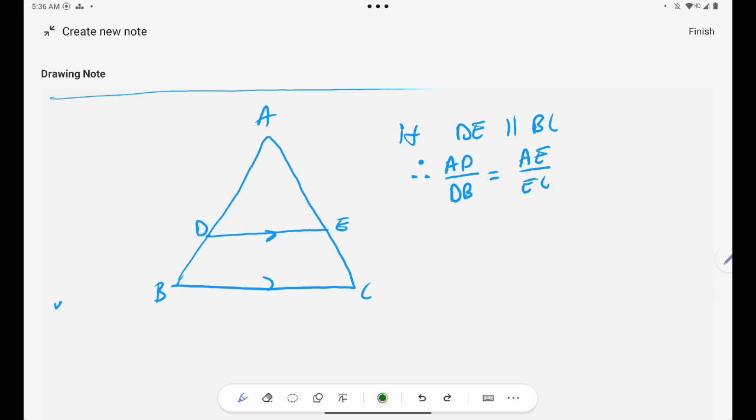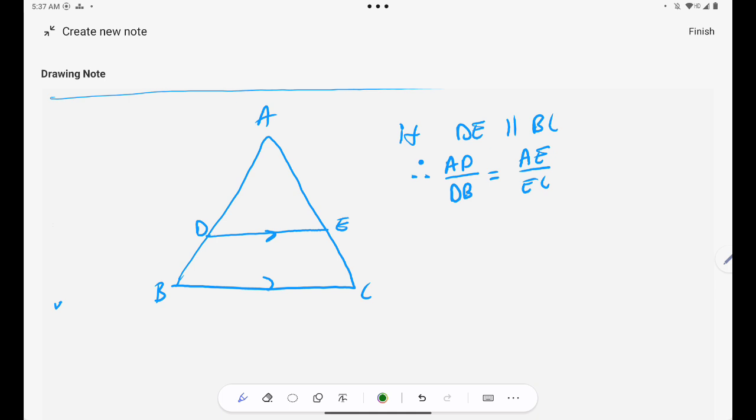Please remember, I didn't say it divides them equally. A lot of students confuse this theorem with the midpoint theorem. Midpoint theorem divides the other two sides equally. Here the lines are divided in the same proportion. Are you together? So all you have to do here is, if this is parallel to this, we must just conclude that AD over DB is equal to AE over EC. Are we together?